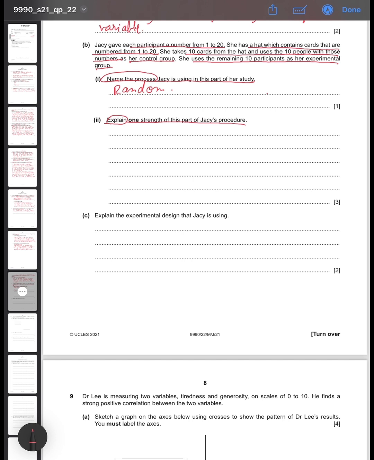Now you need to explain one strength of this part of JC's procedure. So you need to explain how random sampling or the random part of this procedure can help her study. This is so that no other factor, such as participant variable, which is the differences between individuals, could affect the study.